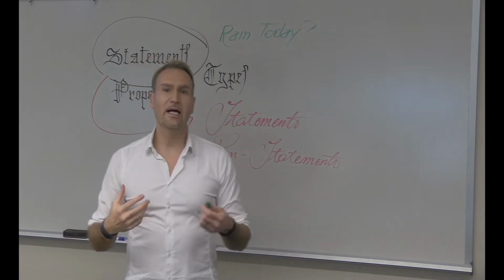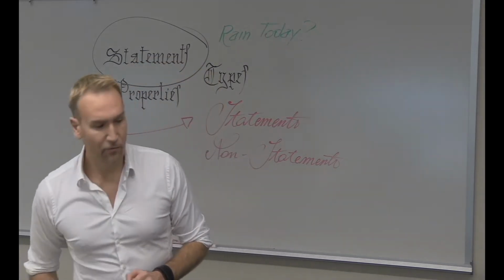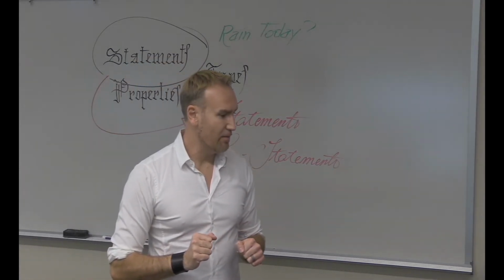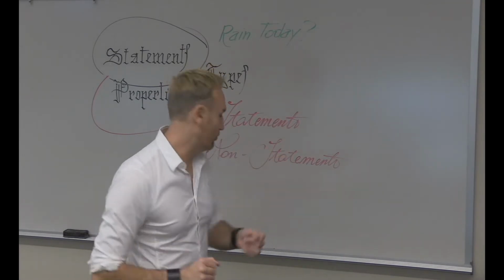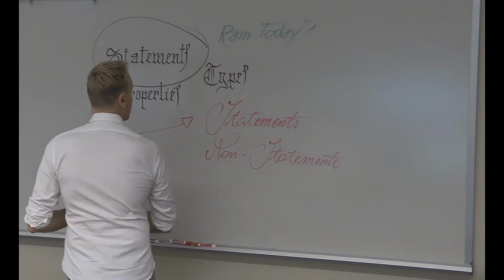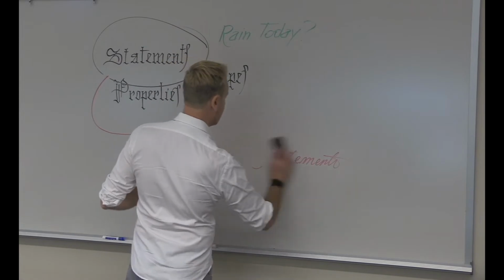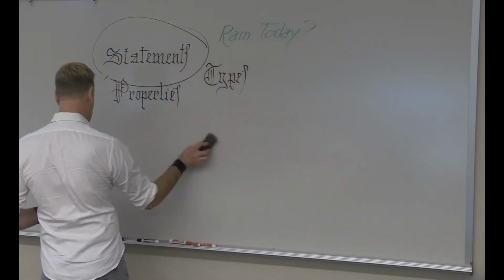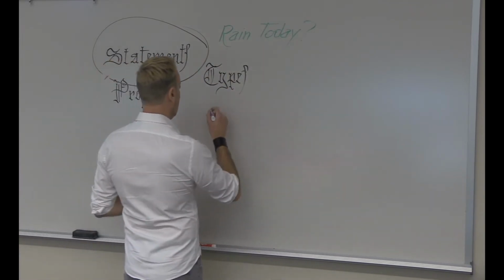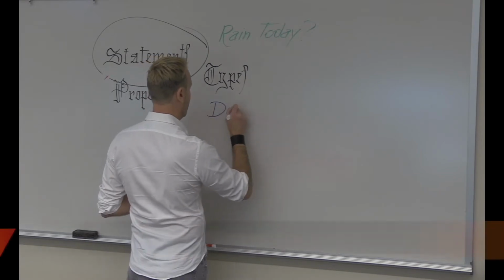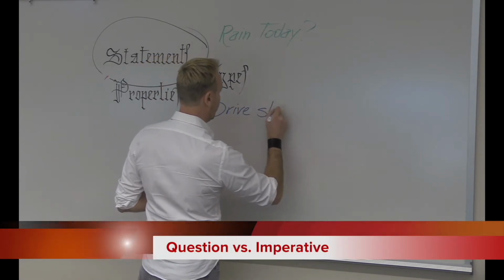And then we will add something else. For instance, drive slowly, all right? So let's add something else now that is different. It's also a non-statement, okay? But it's not a question. Drive slowly.